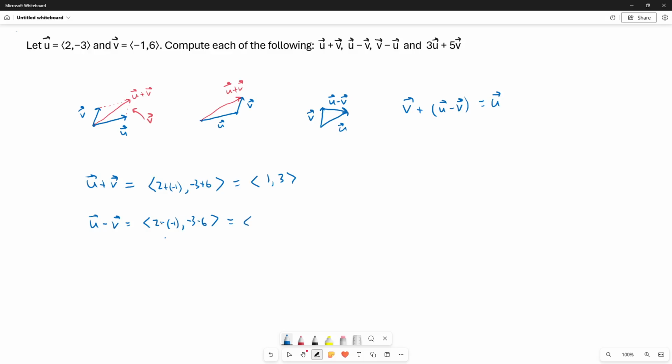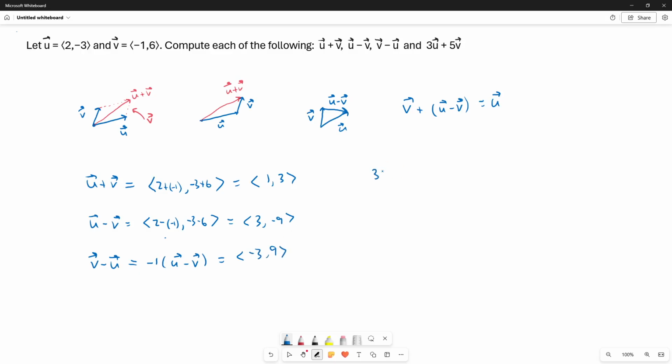And that boils down to (3, -9). So that's the difference. v minus u, without even doing these computations, is going to be the negative of u minus v. And so that's going to be (-3, 9).